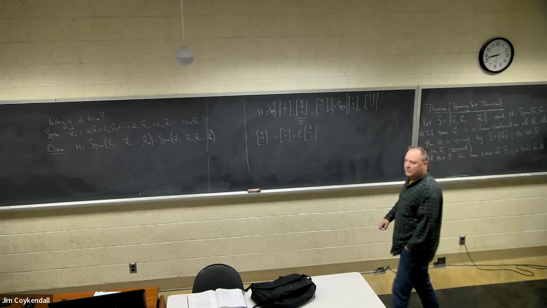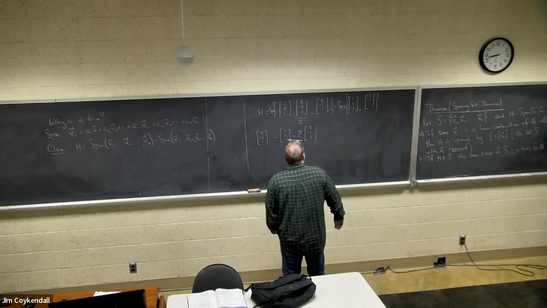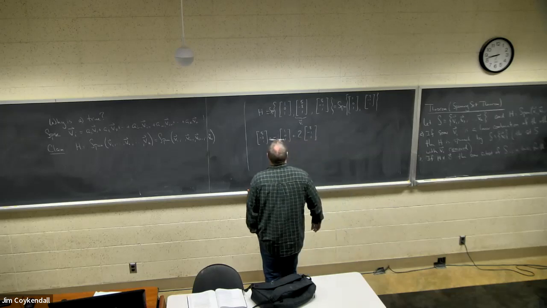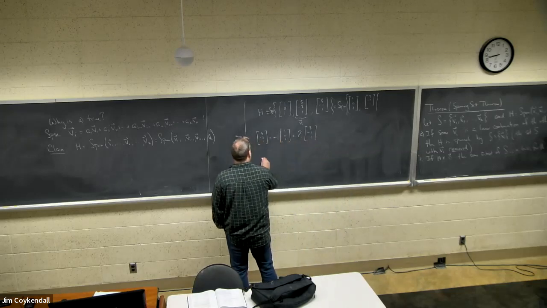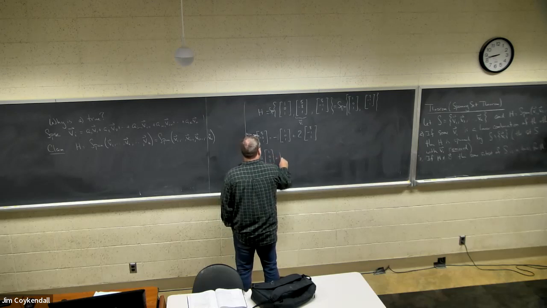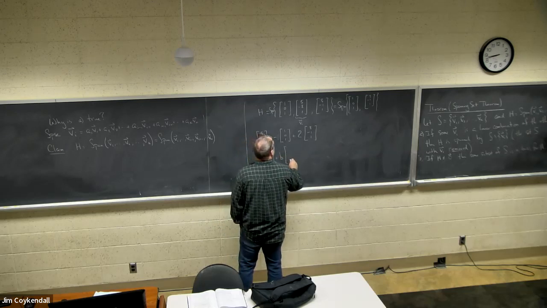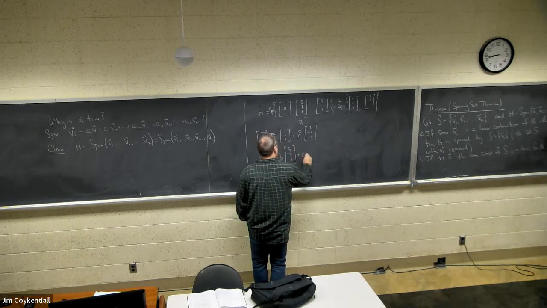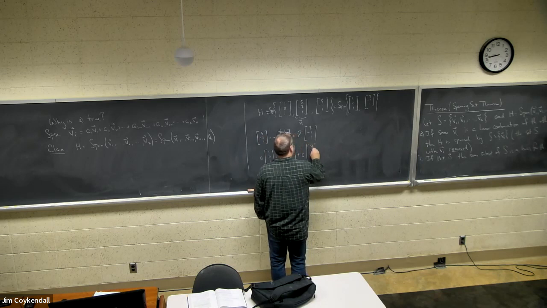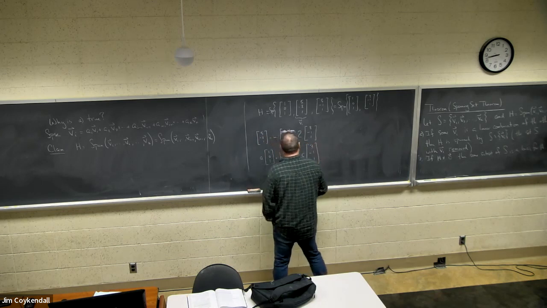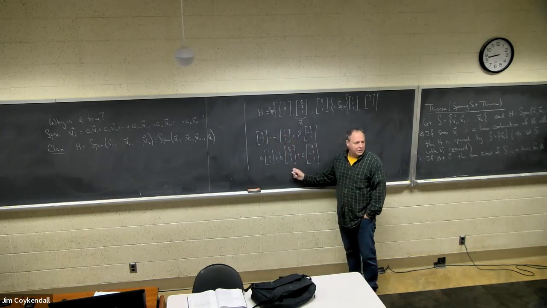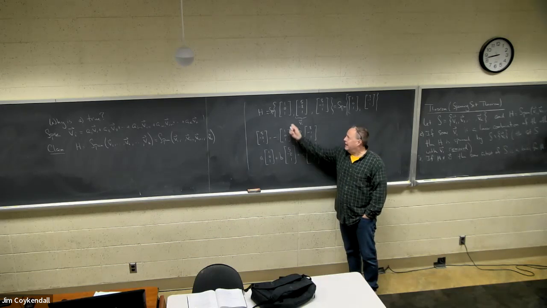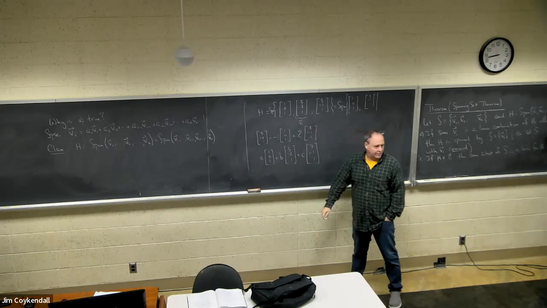That's essentially it, really. So here's why this is true. Suppose you have a typical element of the span of these three vectors. Everybody agree that this is what it looks like, right?